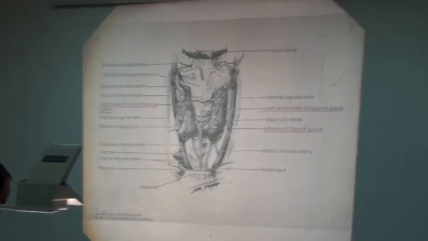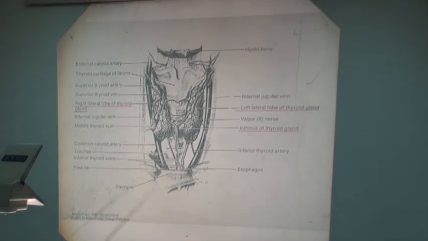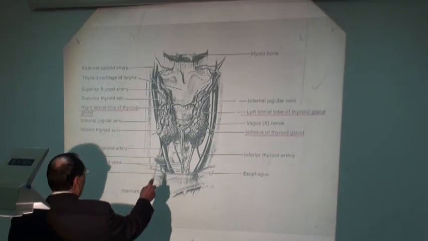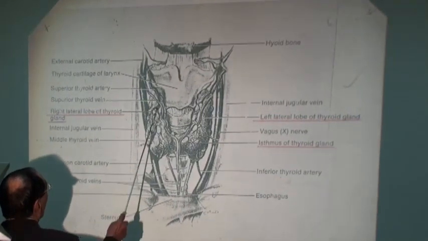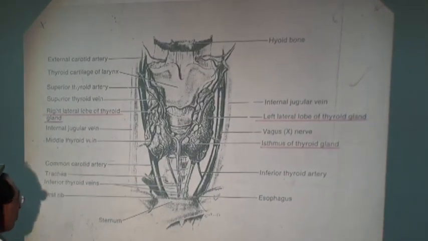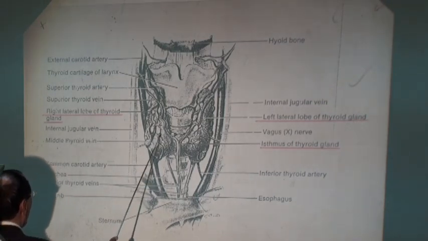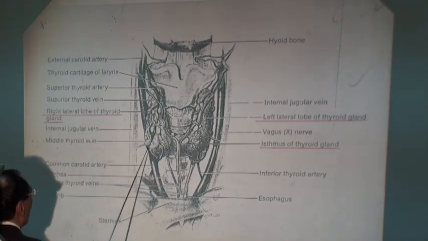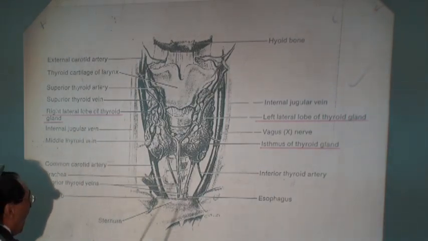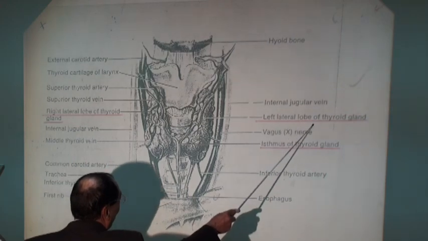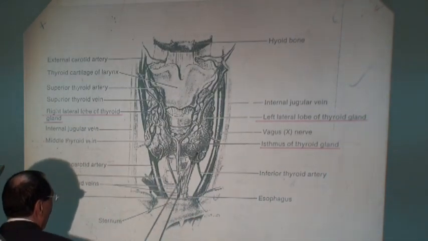Now we'll have an idea about the thyroid gland. You see this thyroid gland located in front of the trachea. It is composed of two lobes: the right lateral lobe and the left lateral lobe of the thyroid gland.